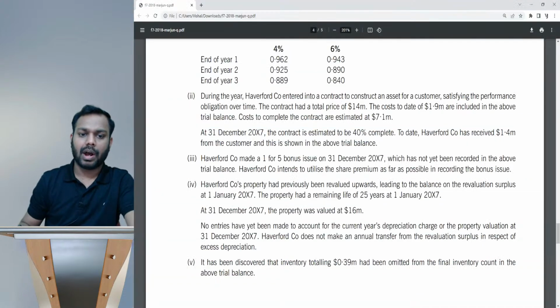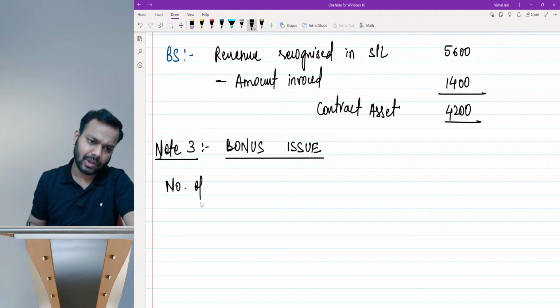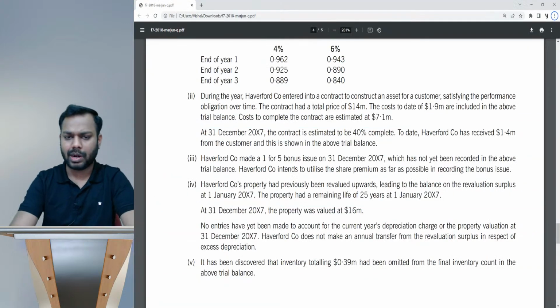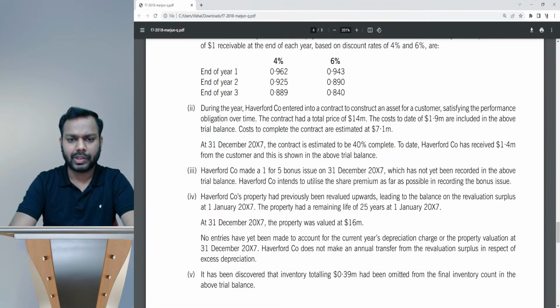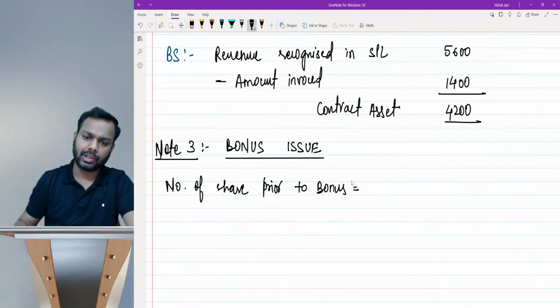Haverford company made a 1:5 bonus issue. But before we do that, tell me the number of shares prior to bonus issue. See the question: the number of shares is 20,000.